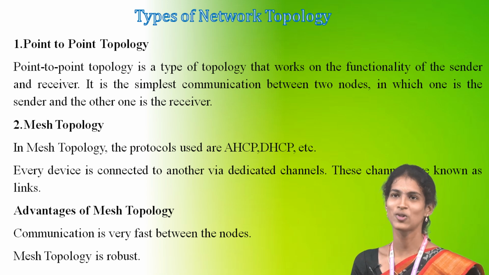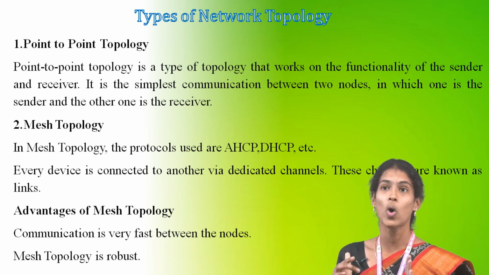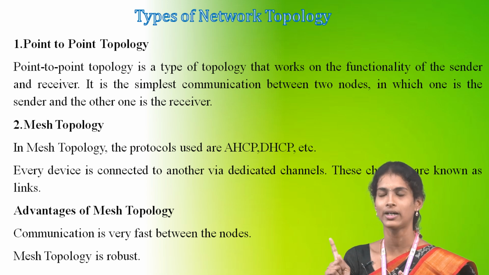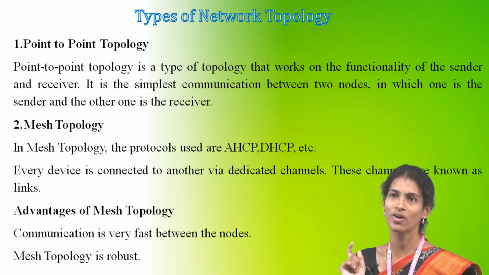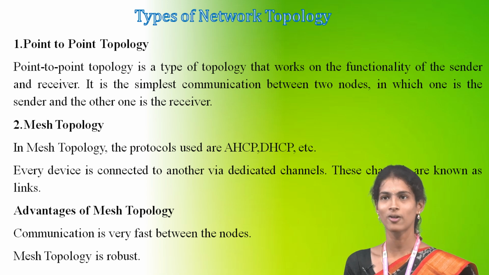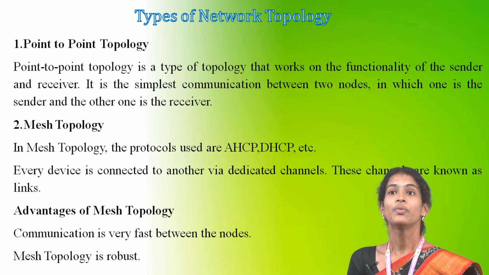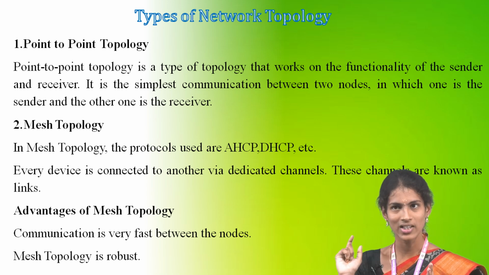The next, mesh topology. In a mesh topology, every device is connected to another device via a particular channel. In mesh topology, the protocols used are AHCP, that is the ad hoc configuration protocol. The next, DHCP, dynamic host configuration protocol. Every device is connected to another via dedicated channels only.